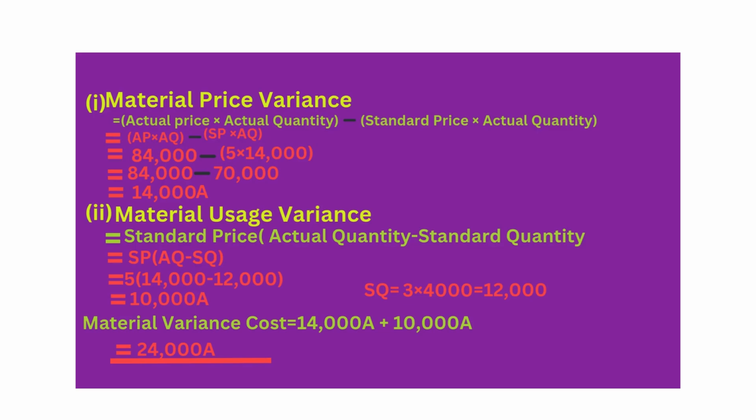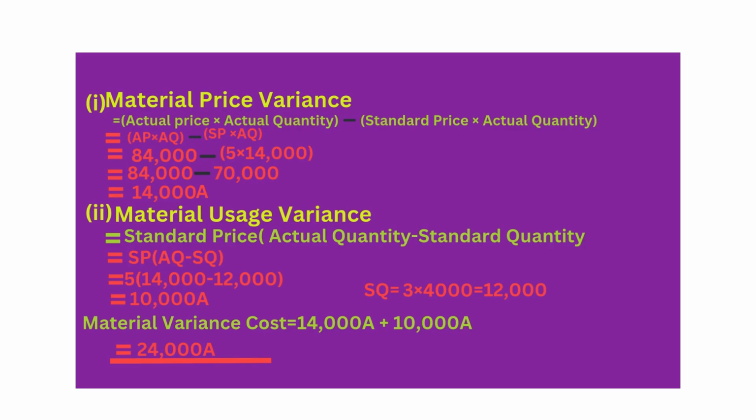So it's 84,000 minus 5 multiplied by 14,000. We get 5 multiplied by 14,000, which is 70,000. So it's 84,000 minus 70,000, we get 14,000.